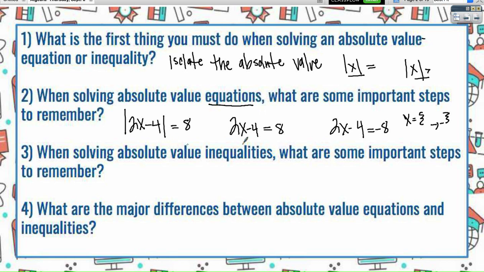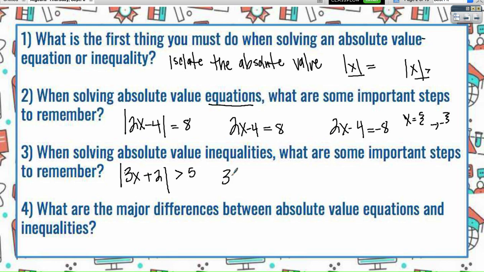There's a little bit more to remember here. With absolute value inequalities, again, I have to isolate the absolute value expression. Once I have that, for example, if I have the absolute value of 3x plus 2 alone on one side of the inequality, say greater than 5, I have to drop the absolute value symbols.